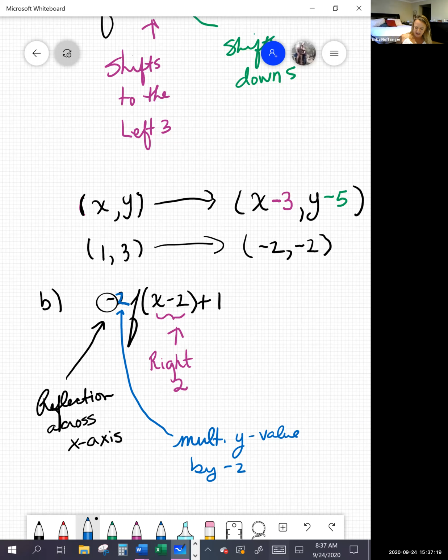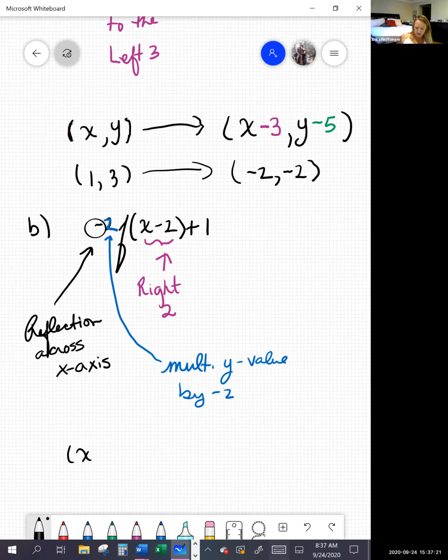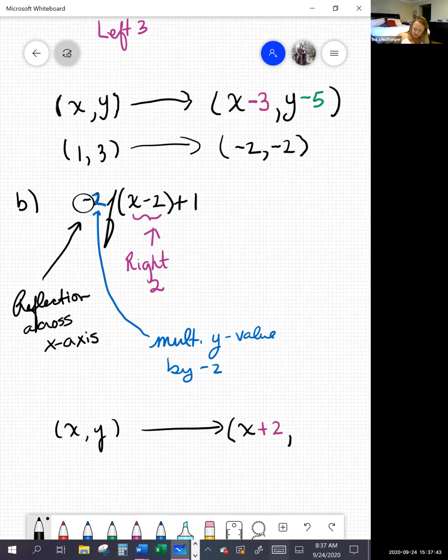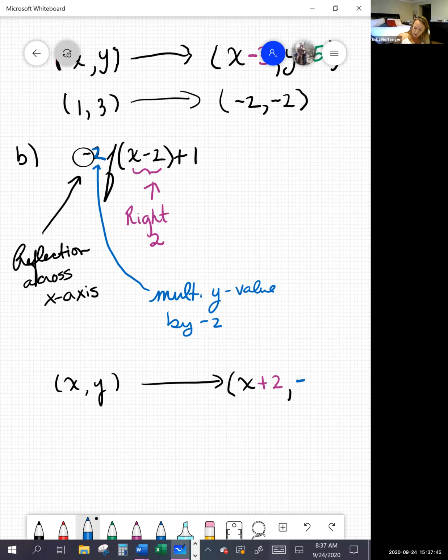So we're going to take our x value, (x, y). We said that we were going to add 2 to the x value because we're moving it to the right 2. So we're going to have x plus 2. First thing you have to do after you shift left or right is reflection and stretching, which is this -2. And that is affecting the y value.